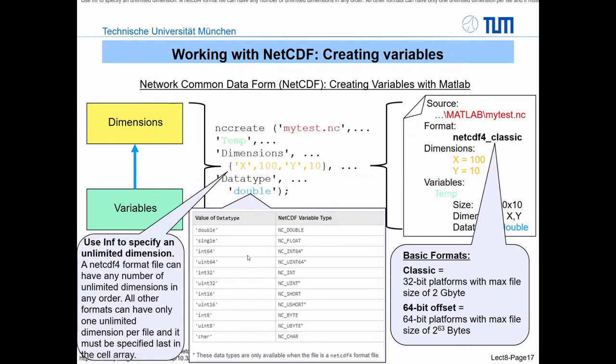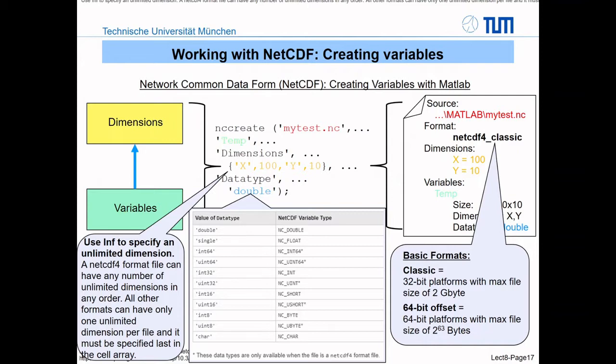And finally, you can use inf to specify an unlimited dimension, and this is what is new in these modern formats, where you have the NetCDF4 format, for example. You can have any unlimited dimension in any order. In all other formats, you have to use fixed sizes, and then you can have an unlimited number of, for example, rows.